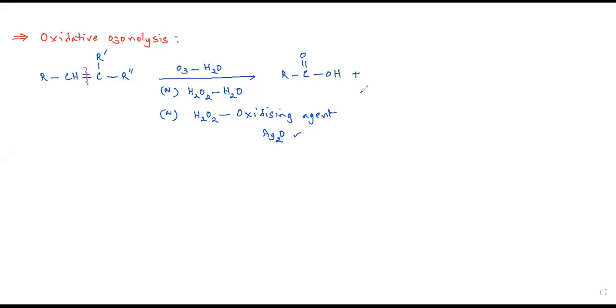That is a speciality. And on the other hand, of course, we get ketones. As ketones are difficult to oxidize, they remain as such.